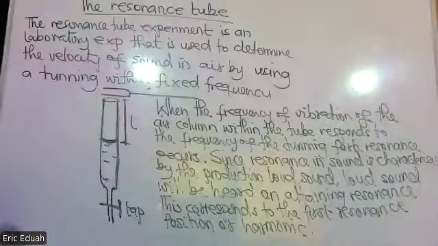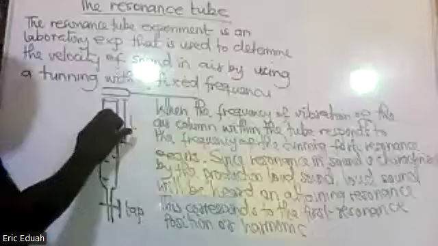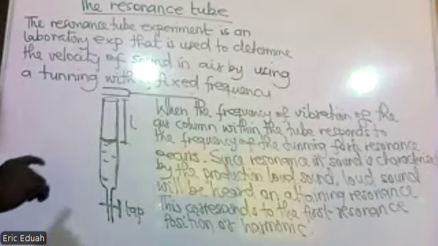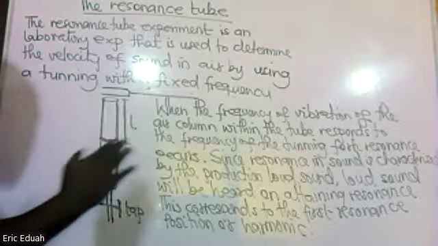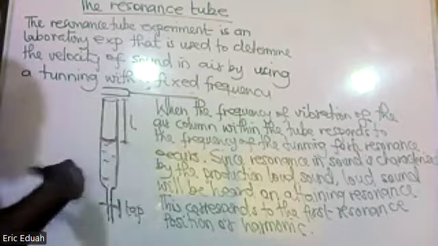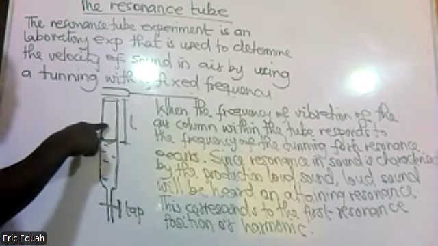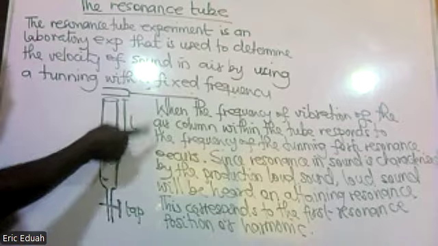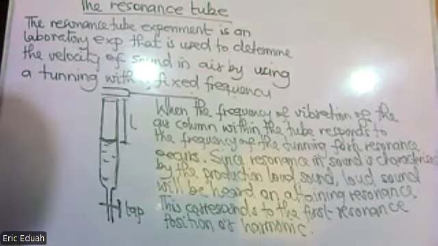So when the vibrating tuning fork is brought to the edge of the burette, the air column within the tube is set into vibration. It will vibrate and then respond, adjusting to the natural frequency of vibration of the tuning fork.